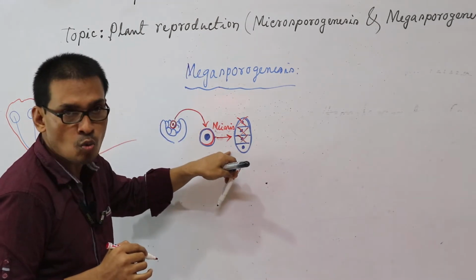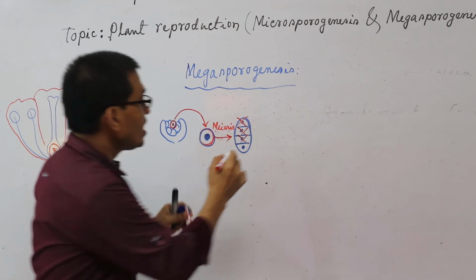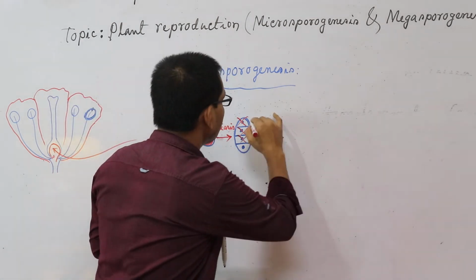Except the smaller one, all 3 cells get disintegrated.